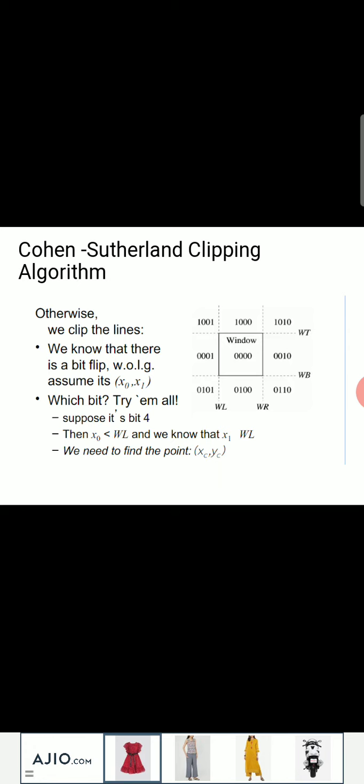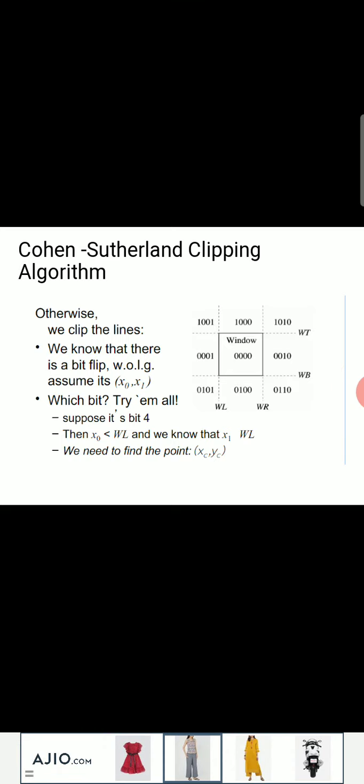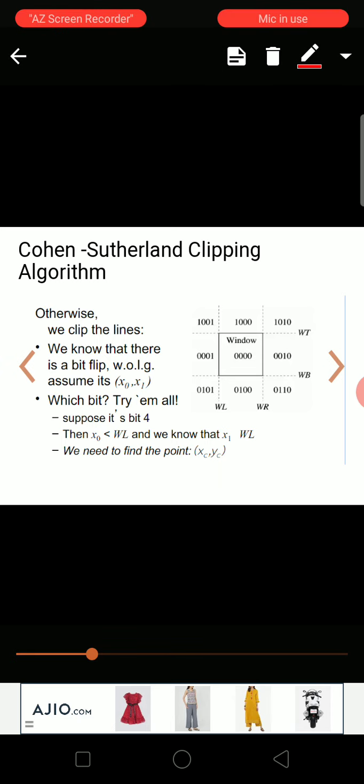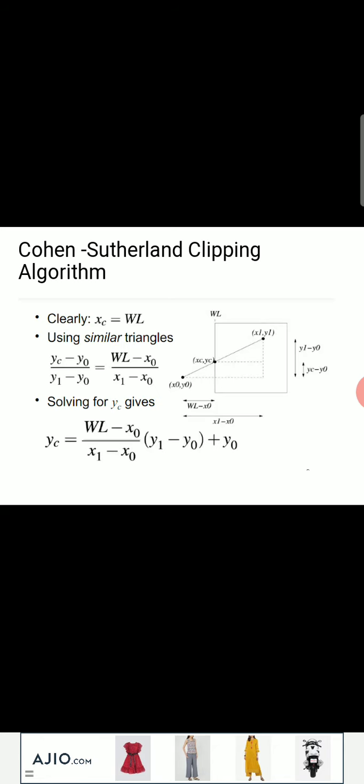For example, if bit 4 of the location code is set to 1, then we need to replace the x coordinate of that particular endpoint, for example x0, with a new x value equal to the left bound of the window, and then find exactly the point of intersection, xc, yc, with the window.